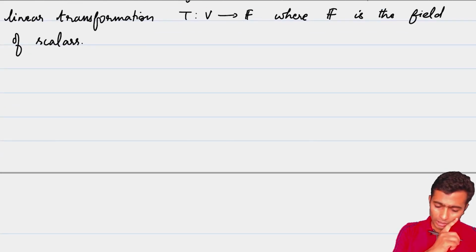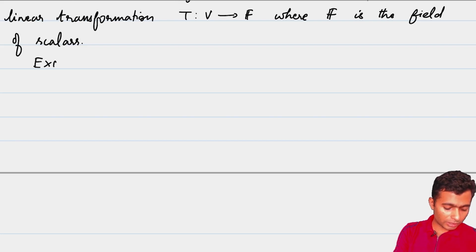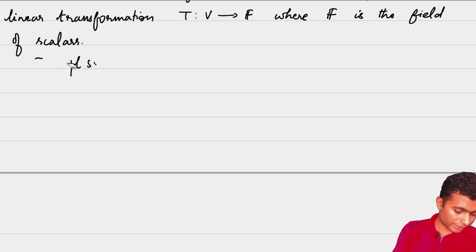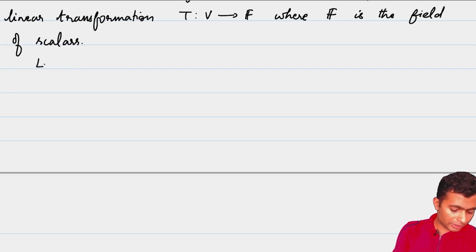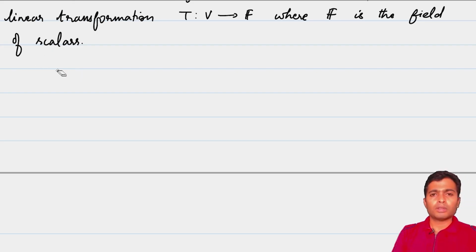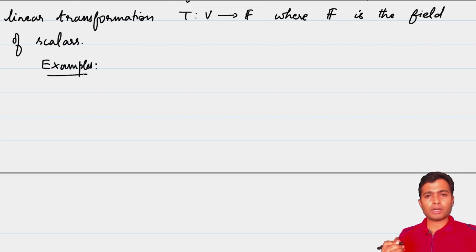So recall that there were quite a few examples which we have already seen. So let's see a few examples of linear functionals as well. So examples. So let's first consider R3.